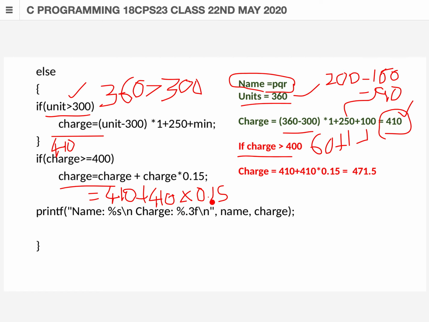The 15% surcharge needs to be added if the charge is more than 400. So now what will be the result we will get here? 410 is the initial charge value plus 410 into 0.15, we will get 61.5.